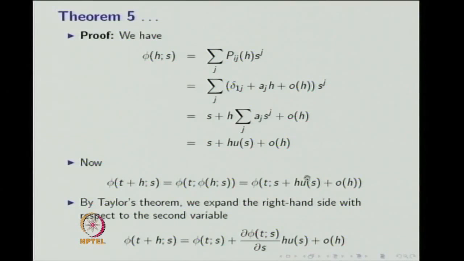Therefore, the right hand side will be psi(t, s), the second term will be the partial derivative of psi with respect to s times h u(s), plus order of h. All the other terms vanish.